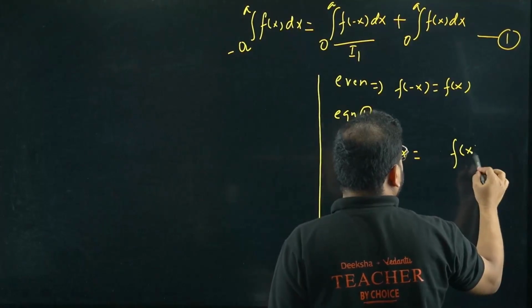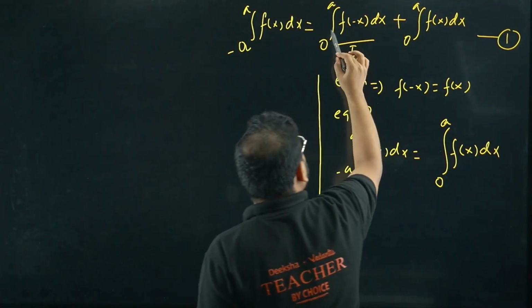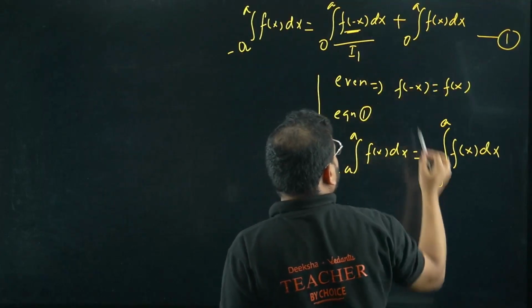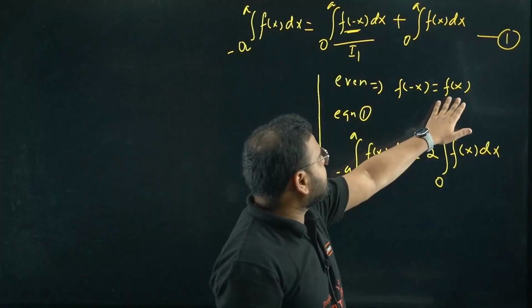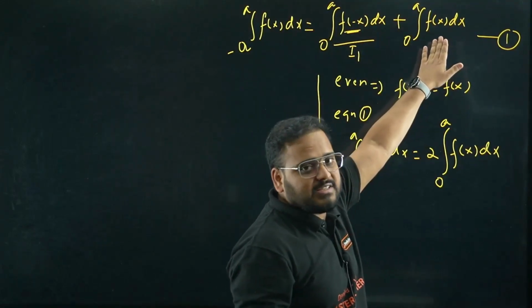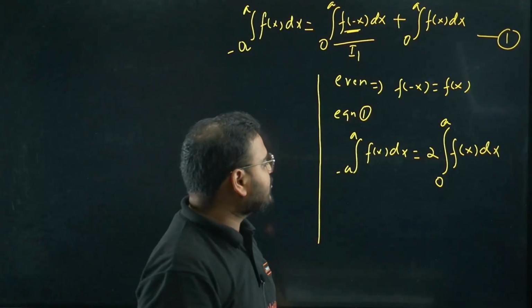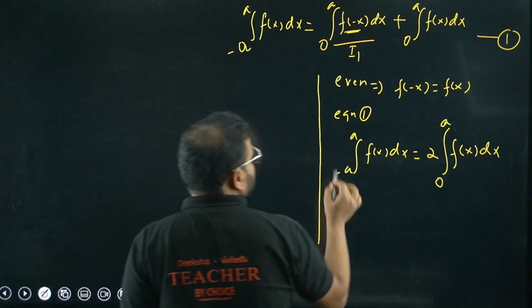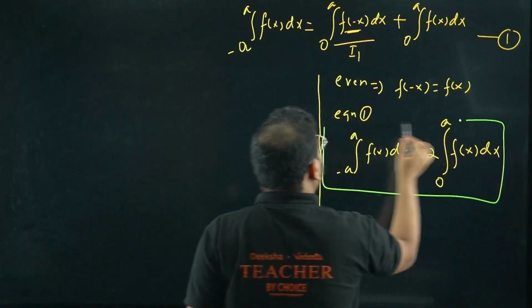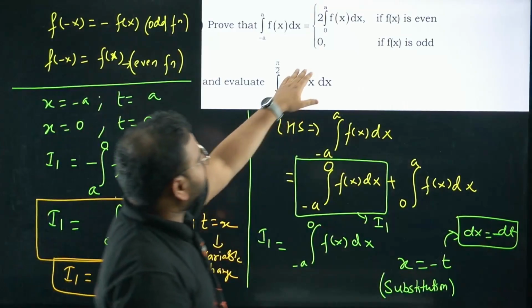So you'll have simply plus fx dx from 0 to a, and same thing is over here. This will become plus, means 2 times of that. I'll repeat myself: you'll have fx here, you'll have fx here for even function. So I have 2 times, and I've written here 2. 2 times of 0 to a fx dx. We were looking to prove this statement only. For even function, 2 times of 0 to a fx dx.